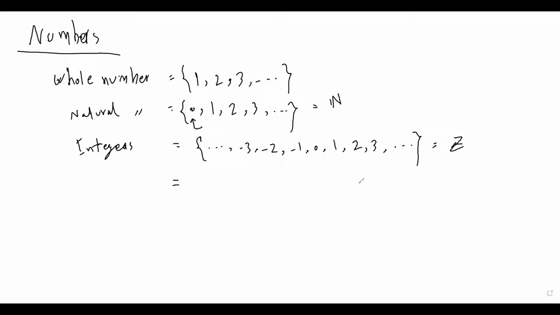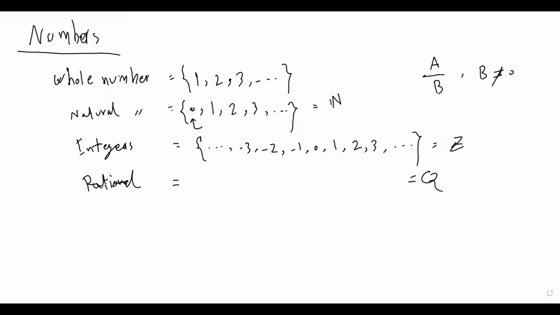A fraction is when you divide an integer by another integer, and the one in the denominator should not be 0, because that would make this fraction undefined, right? So we call those rational numbers, right? So if I include rational numbers, I have a bigger family, and the notation is Q, rational.